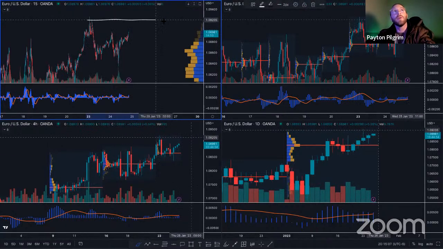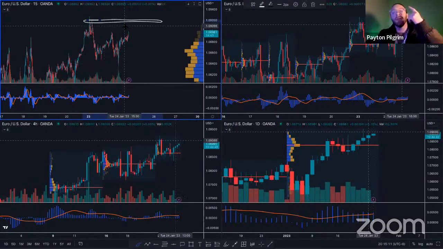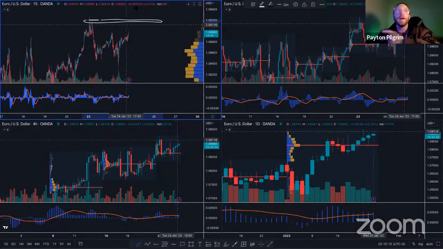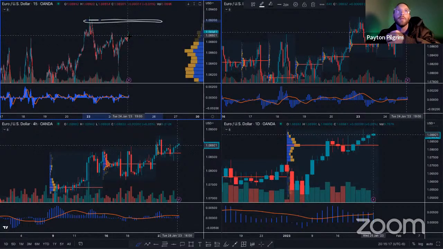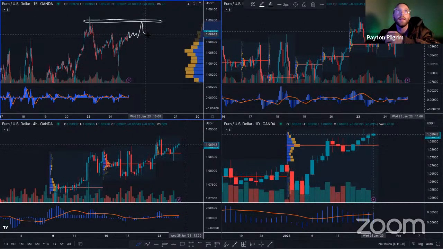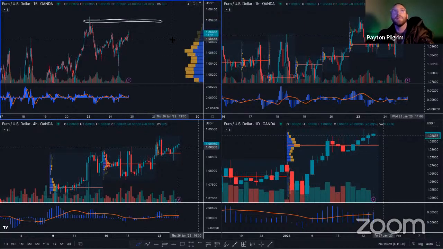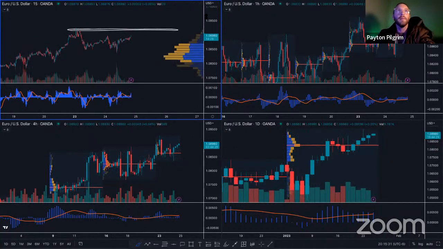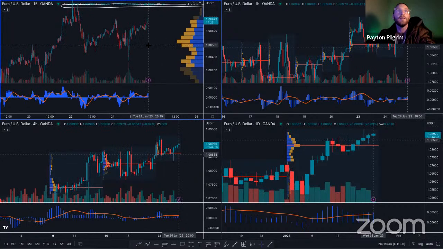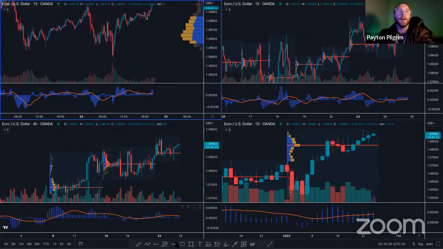Build some type of liquidity right here in this area for people to either think it's going to drop or just start shorting it before it drops, because that will build liquidity for it to possibly move up. Say it does this, then it makes a move like this. If it comes back into this area where we had this manipulation yesterday, it's a possibility that we could see a move to the upside.